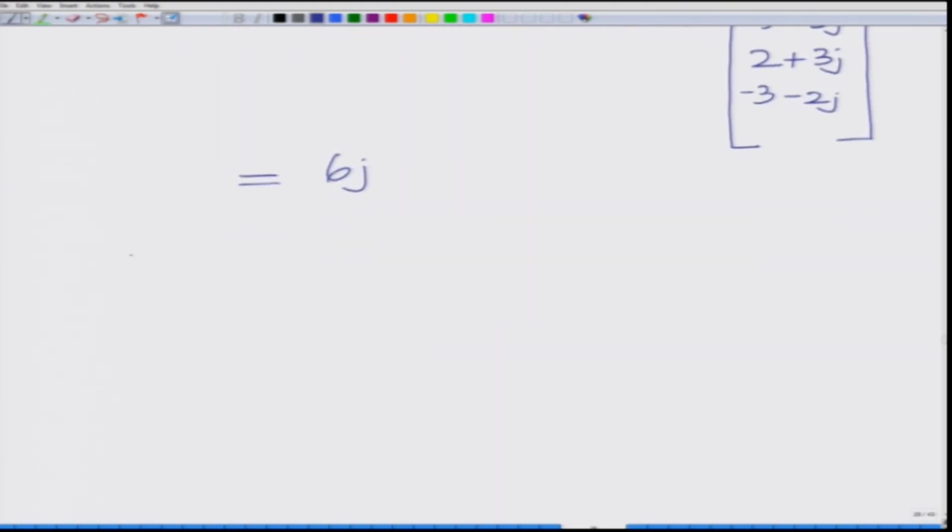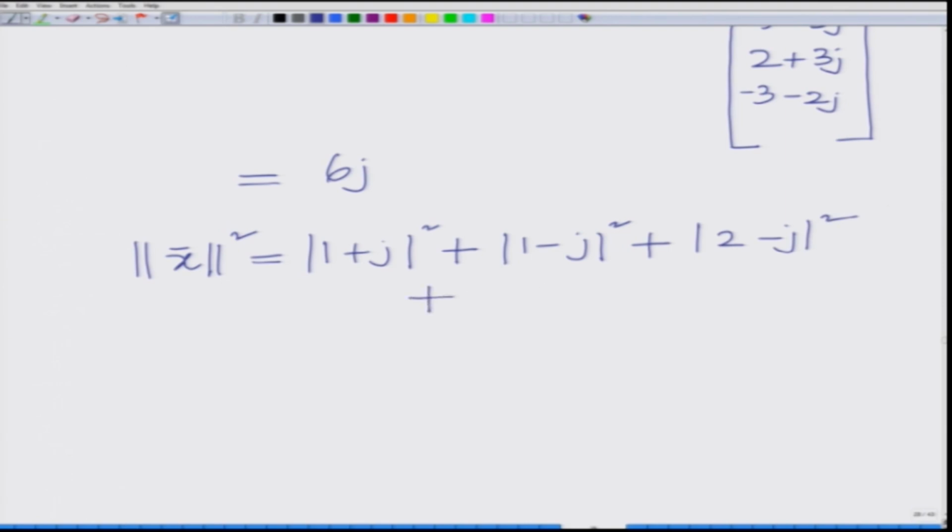The other quantity is norm x bar square, which equals magnitude of 1 plus j squared plus magnitude of 1 minus j squared plus magnitude of 2 minus j whole squared plus magnitude of 1 plus 2j whole squared, which is 2 plus 2 plus 5 plus 5, equal to 14.